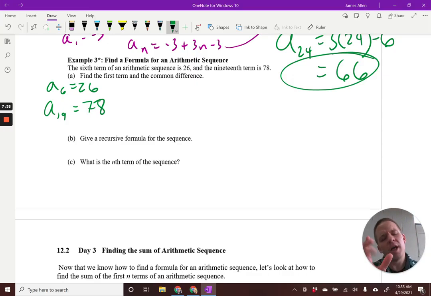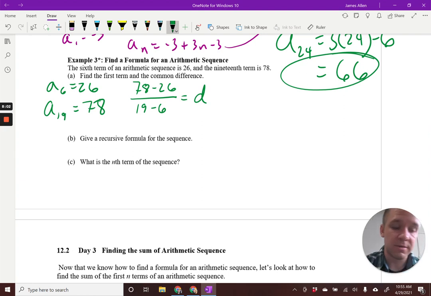Change. That sounds like slope to me, right? Which would be changing y over changing x. So our function values here, the 26 and the 78, that's like our y's. And the n's, that's like our x's, right? So if I did 78 minus 26 divided by 19 minus 6, that's going to give me my common difference, right?